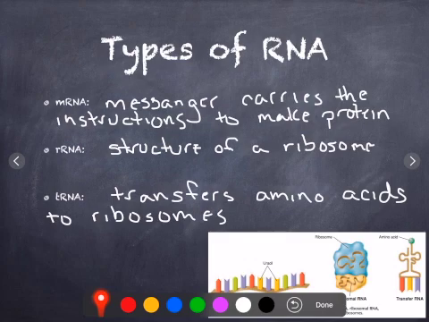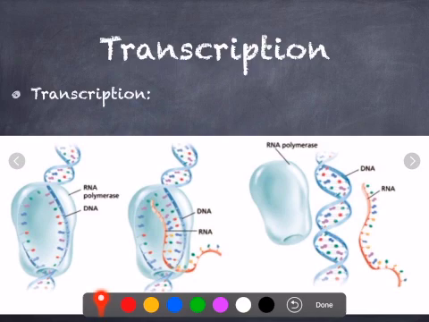The codon, this 3-base sequence, is what the tRNA recognizes, and the tRNA comes with the proper amino acid to make our amino acid chain.